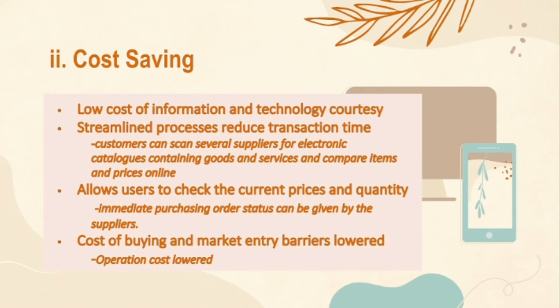Next, streamlined processes reduce transaction time, because customers can scan several suppliers for electronic catalogs containing goods and services and compare items and prices online. Also, it allows users to check the current prices and quantity. An immediate purchasing order status can be given by the suppliers. Lastly, cost of buying and market entry barriers will be lowered because the operation cost is lowered.